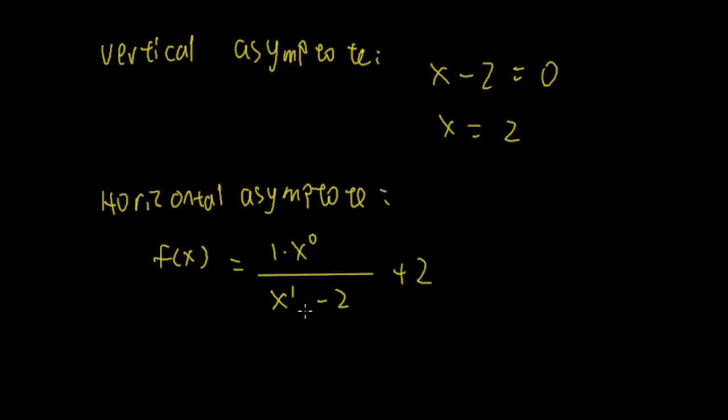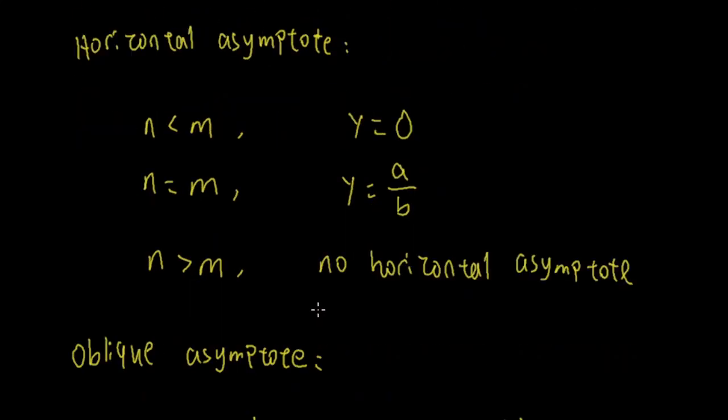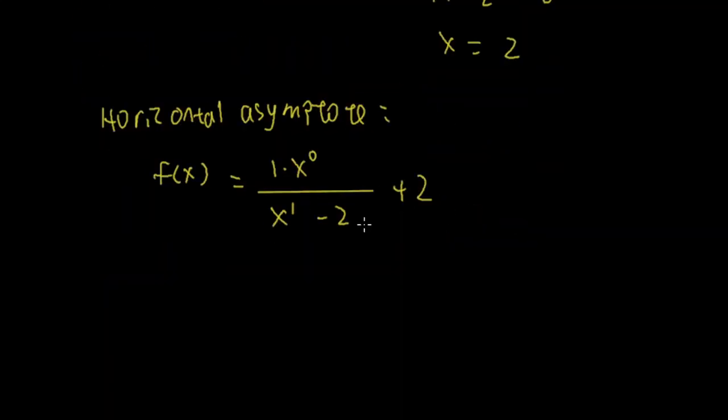Now, look at the rules here. The degree of power in the numerator is less than the degree of power in the denominator. So the horizontal asymptote is y equals 0. As you can see, 0 is less than 1.